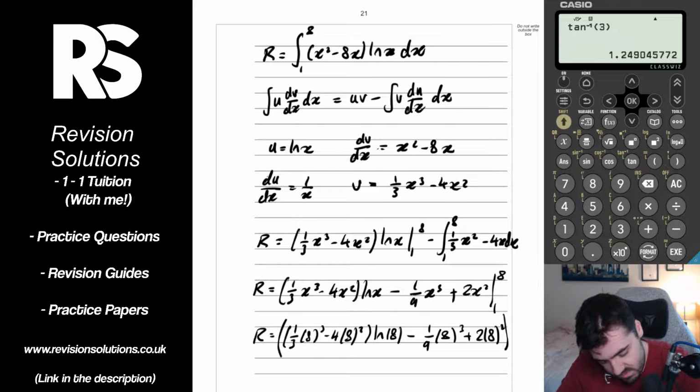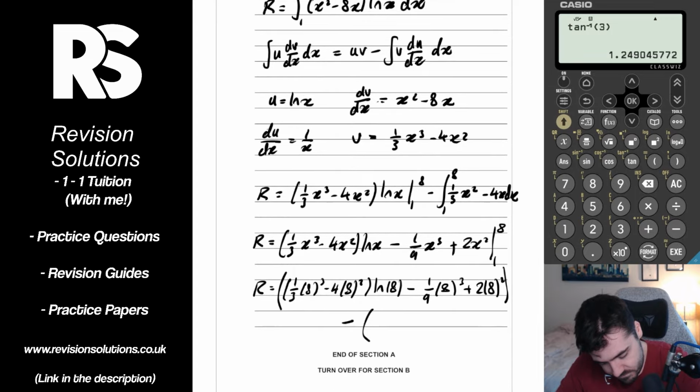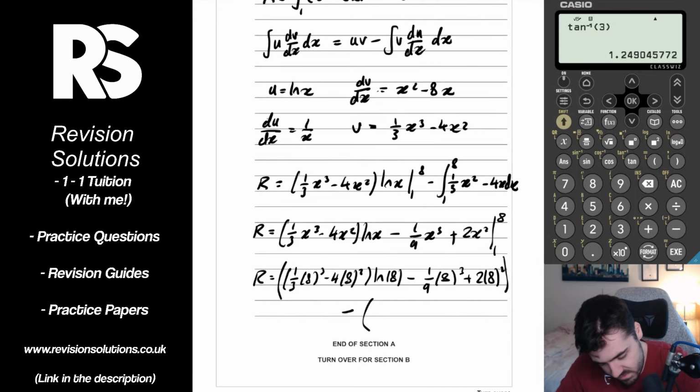That's the top limit. And the bottom limit, fortunately, the natural log of 1 is 0, so we can just completely get rid of that first term. So it's minus big bracket. It's going to get a bit messy here, sorry guys. So minus big bracket, minus 1/9, and then plus a 2.